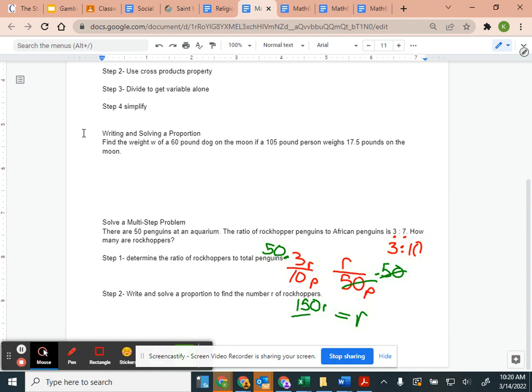Then you do 150 over 10. Yep. Because it's a fraction bar, I need to divide. So 150 divided by 10 gives me what, Peyton? 15. So there are 15 rockhoppers for 50 penguins.